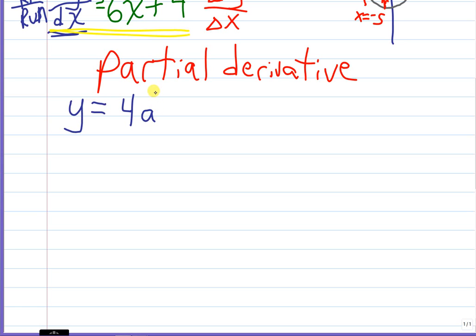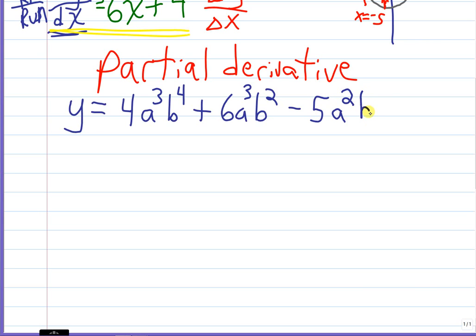4a cubed times b to the 4th plus, let's say, 6a cubed times b squared minus, and I'll just add another couple of terms here real quickly, minus 5a squared b plus, and let's put on a number at the end, like 15.